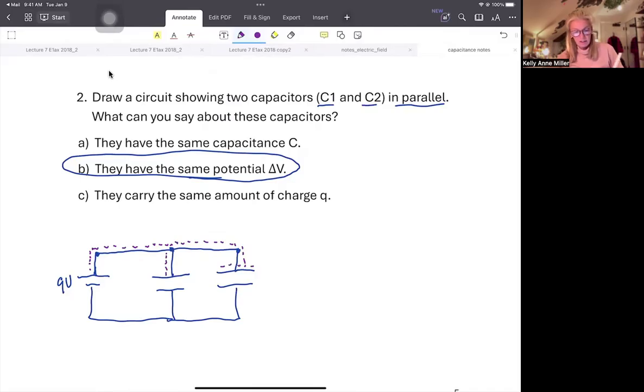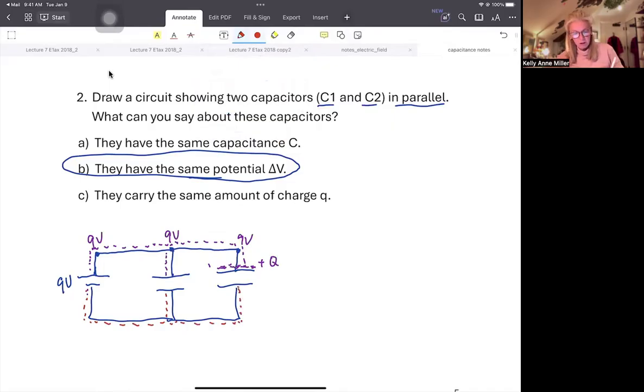So it's 9 volts here, 9 volts here, 9 volts here, right? And then once this plate gets charged up, that plate will be at 9 volts. Okay, and then similarly down here, on the other side of the battery, this would be at 0 volts.